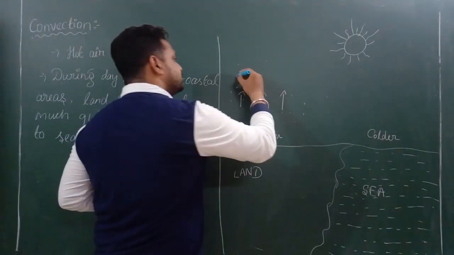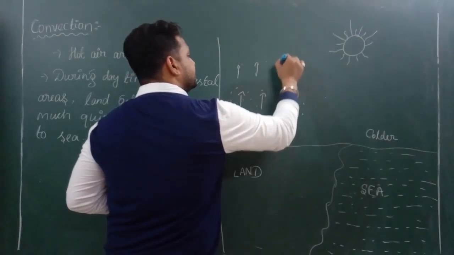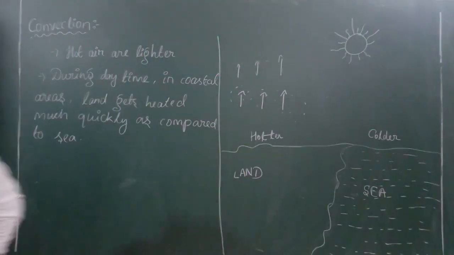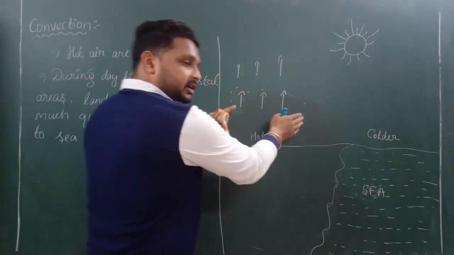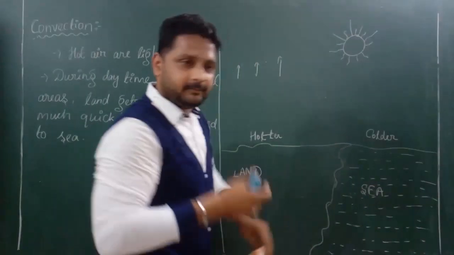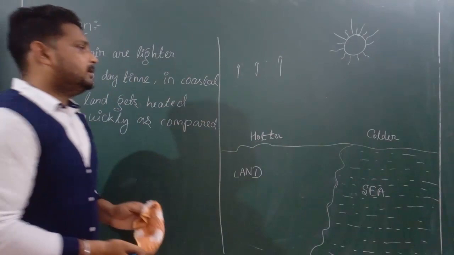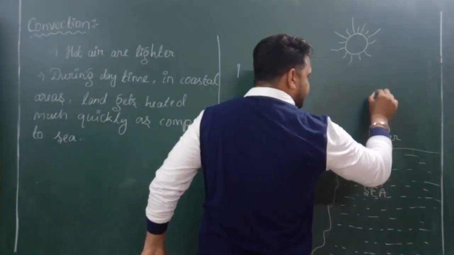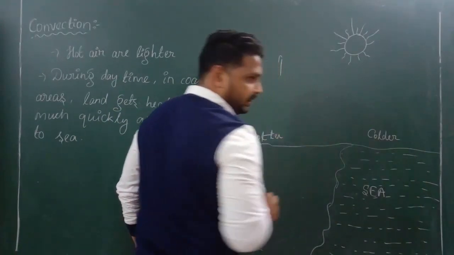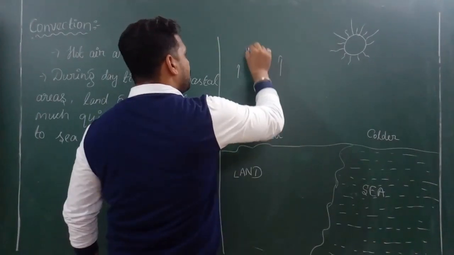So what do the air molecules do? They move up. The air molecules which are here moved up, so here it is empty, right? Now the air above the sea is colder, while here it is hot air.